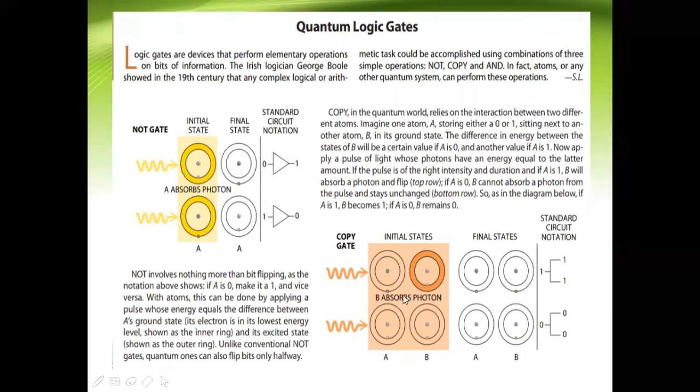Once the photon is absorbed, the electron goes from the outer ring to the inner ring. In the final state, the flip takes place from the inner ring to the outside, that is 1 to 1, as in standard circuit notation.